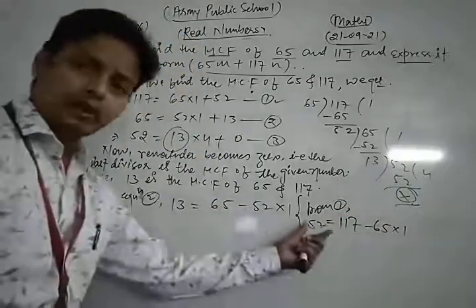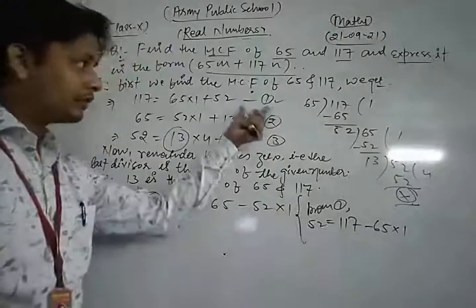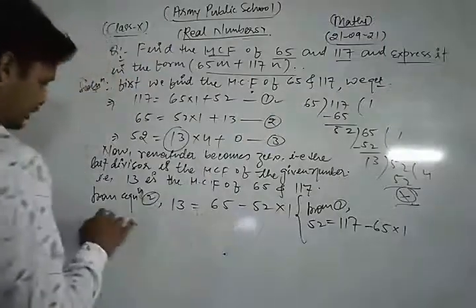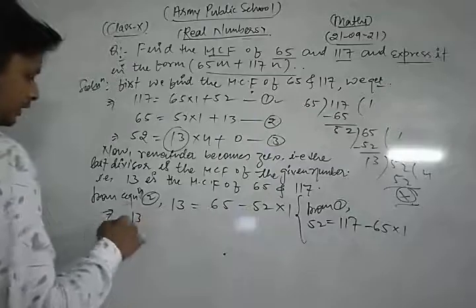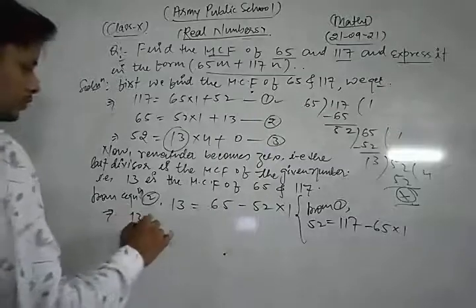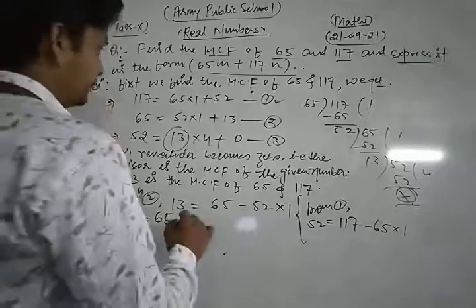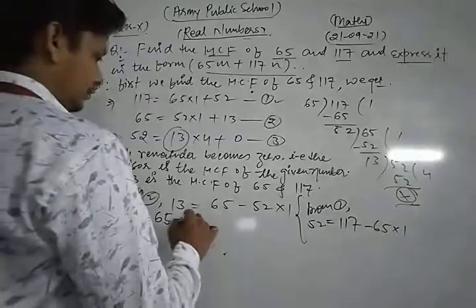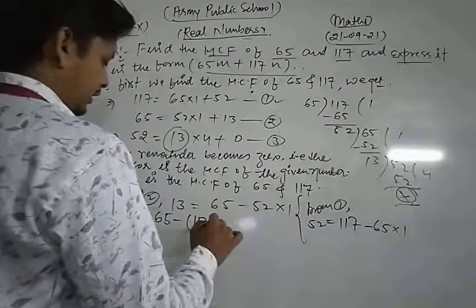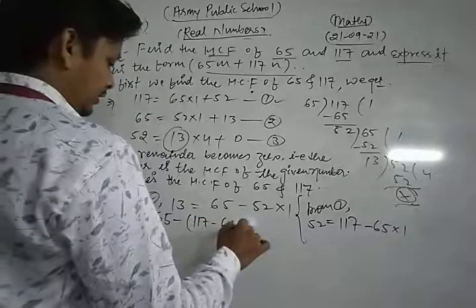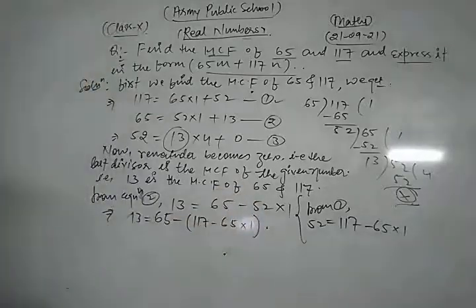So we put the value of 52 in this expression. So we get 13 is equal to 65, as it is, minus the bracket of 117 minus 65 into 1.